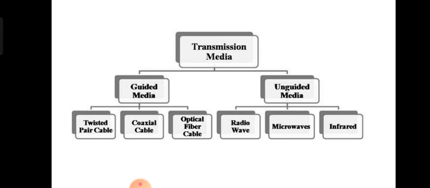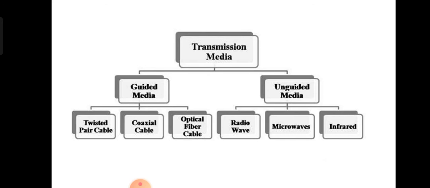We use twisted pair cable for Ethernet communication, and optical fiber cable is also used. For unguided media, we have radio waves, microwaves and infrared waves.